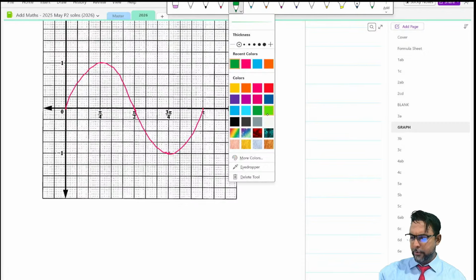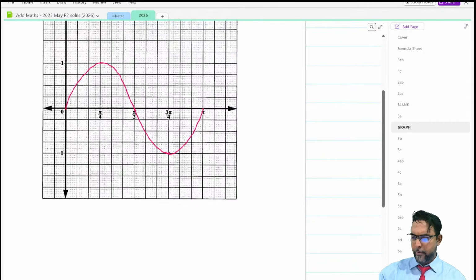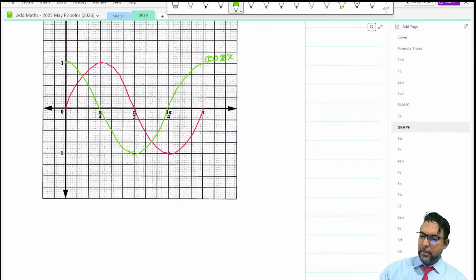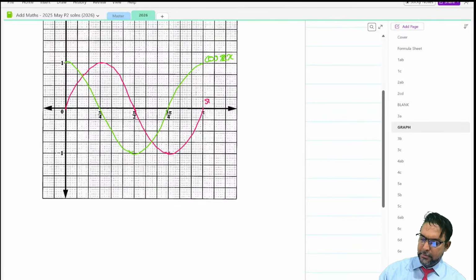Which color here? Okay, so the green one is cos 2x, sorry, and the pink one is sine 2x.